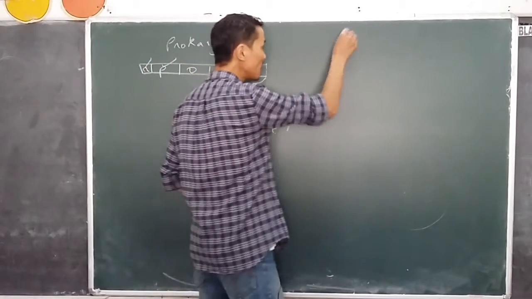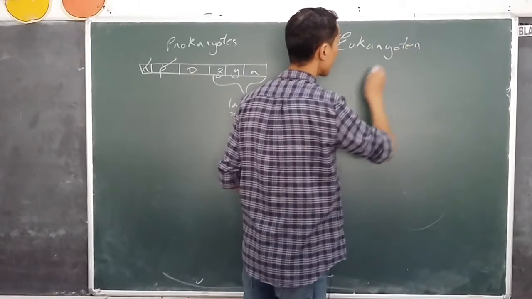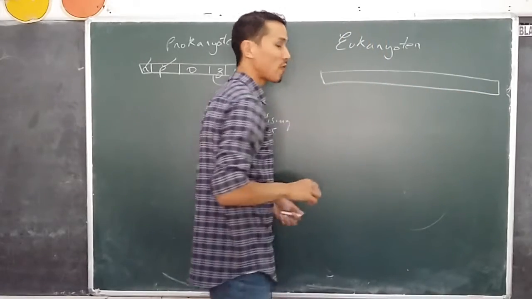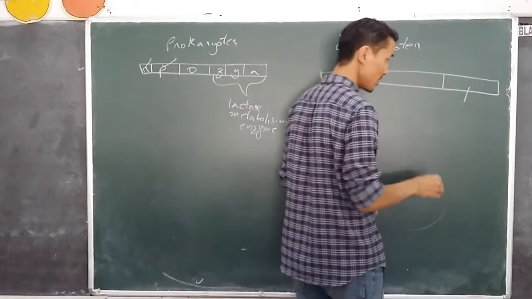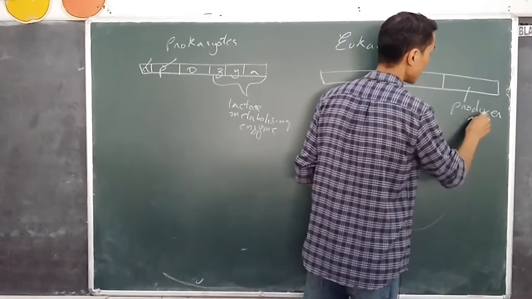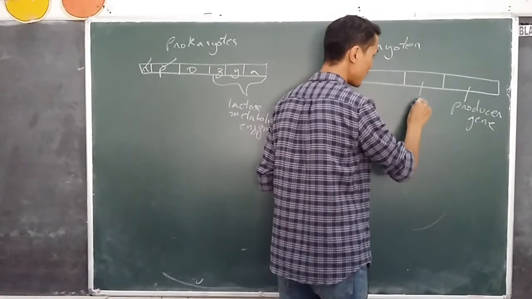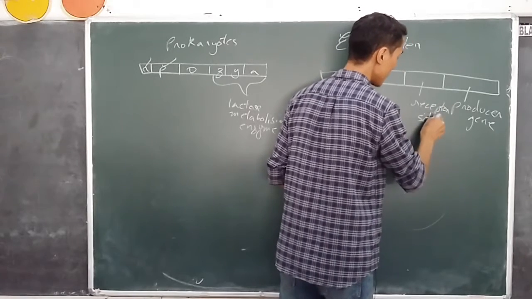Similarly, in eukaryotes, the gene responsible for producing a protein is known as a structural gene or a producer gene. Each producer gene has a receptor site.